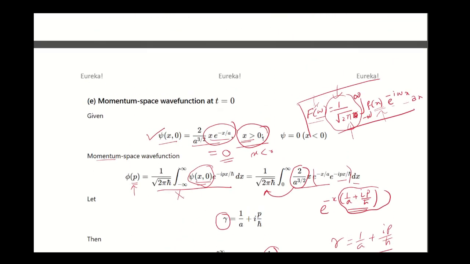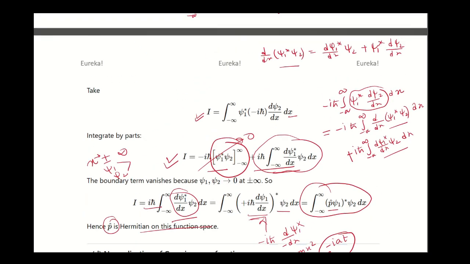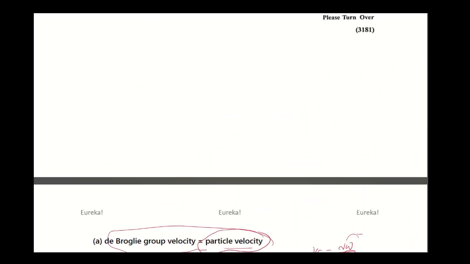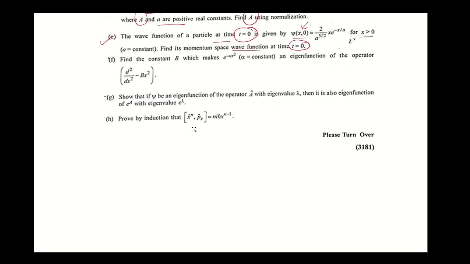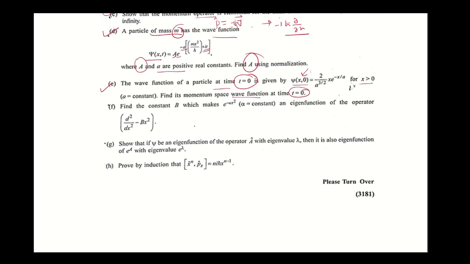Done. Next question is F. Question number F is given as: find the constant b which makes e to the power minus alpha x squared, a Gaussian function, an eigenfunction of this operator.